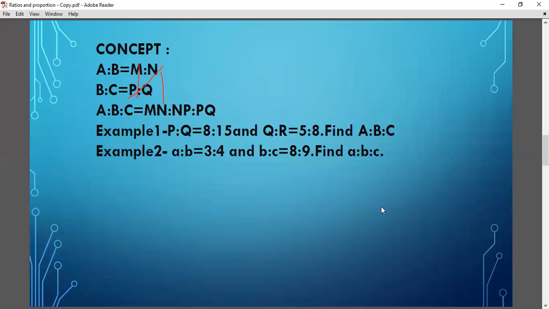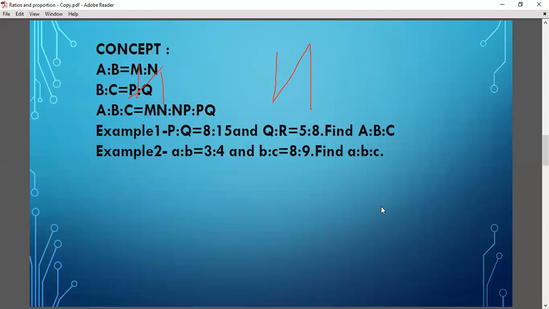So our final answer will be in the form of MP, NP and NQ. So you only need to remember here this pattern, the inverted N. So if you remember this, you can easily solve any of the questions related to this concept.